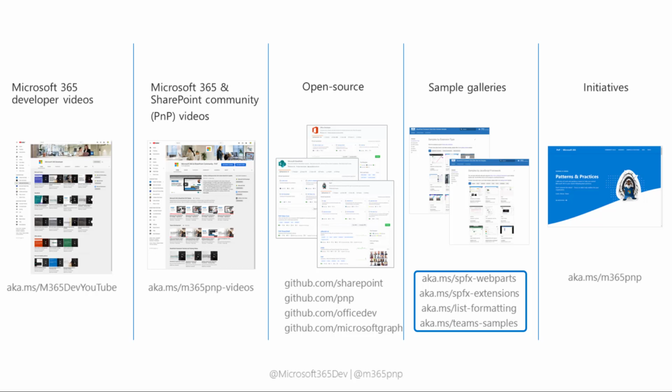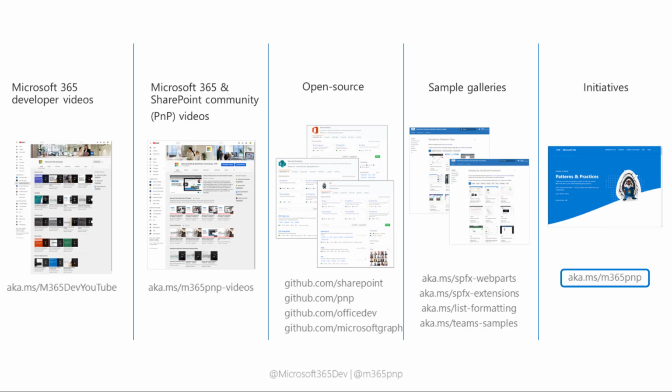In the longer run, we're looking into creating a really flexible, more end-user friendly way of exposing all of the samples we have across Microsoft 365 in a single location. That solution is already being planned, but we can't yet give you an exact ETA. The whole point is that you can more easily find all of the awesome samples the community has contributed throughout the years in the different areas of Microsoft 365.